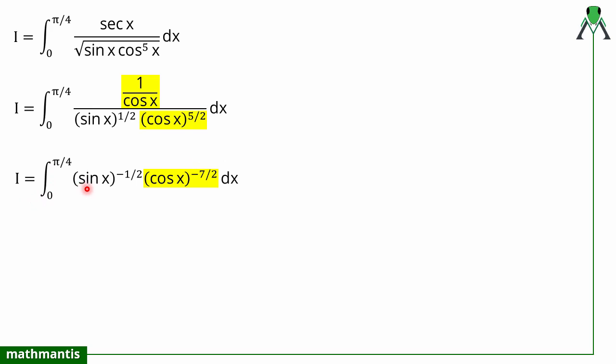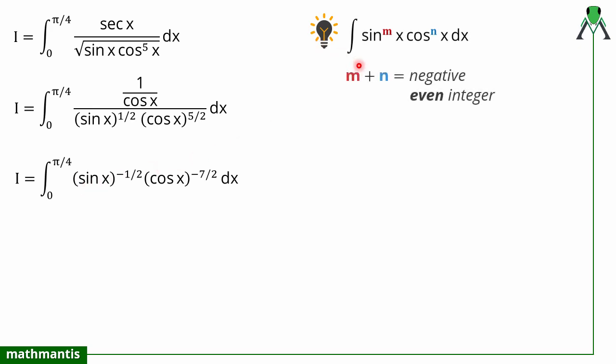Now after changing into this expression, let's understand the concept and the standard form behind it. So the concept is, if there is a question of sine raised to power m x multiplied by cos raised to power n x, and in most of the questions on which this concept is applied, m and n are fraction powers. That is why when we see sine and cosine functions with fraction powers, we try to change everything to sine and cosine.